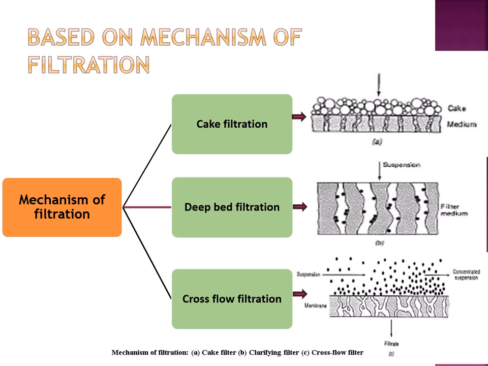In cross flow filtration, the suspension flows along the filter medium and a negative pressure is applied, which ensures that filtration happens in a perpendicular direction to the filter medium. So the name cross flow filtration is implied.